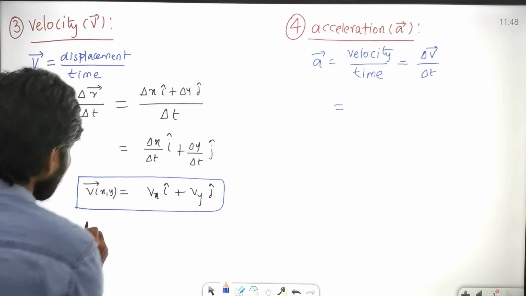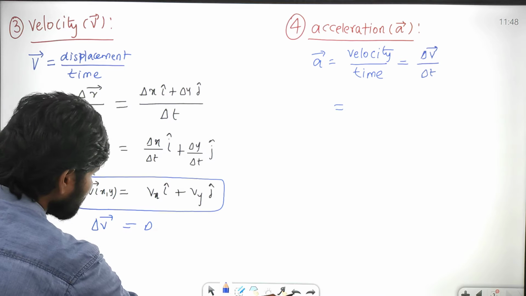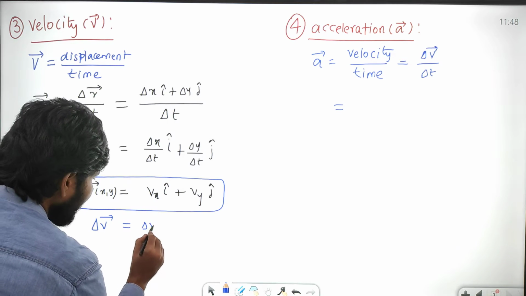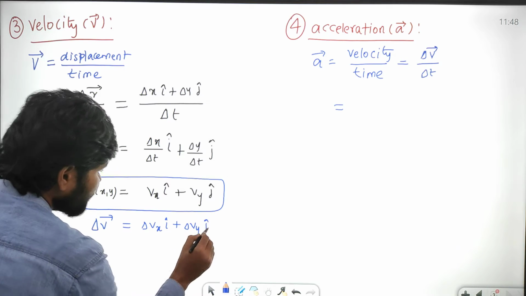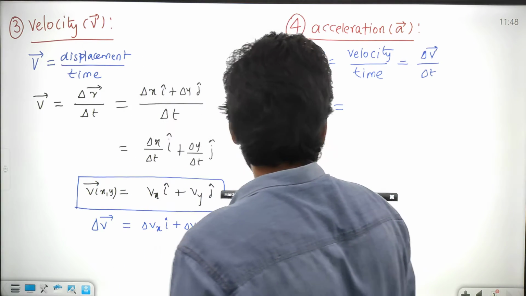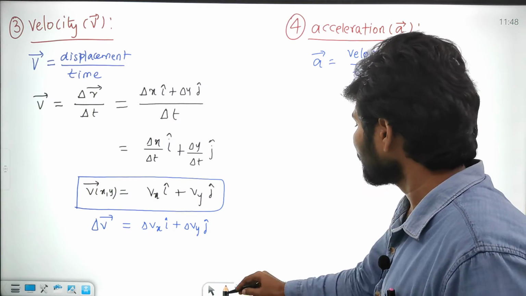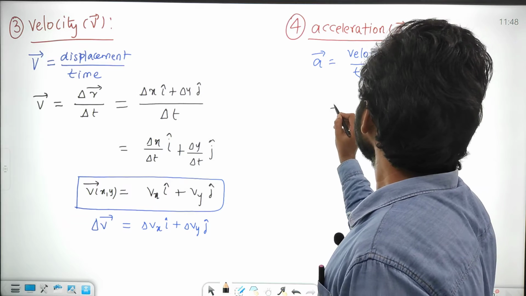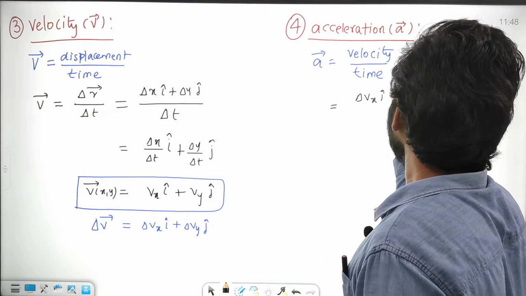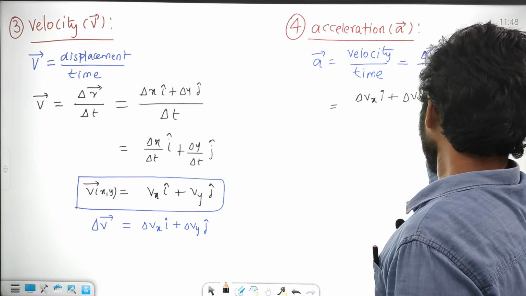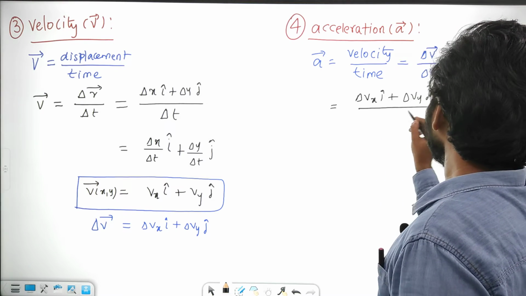See, this is a vector. What is delta v? This is delta vx i cap plus delta vy j cap. Similarly, delta v I can represent as delta vx i cap plus delta vy j cap, divided by delta t.